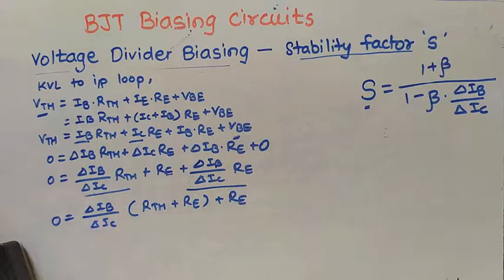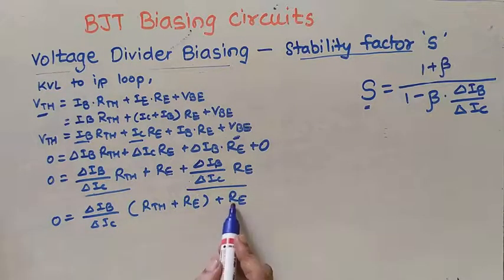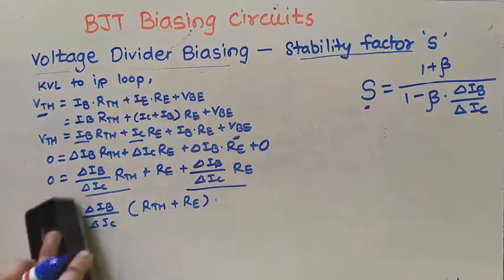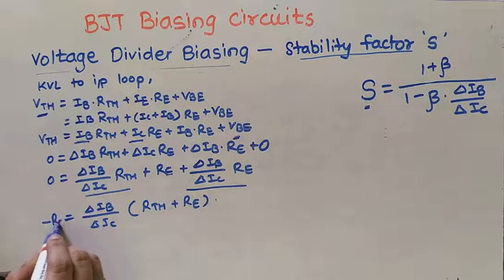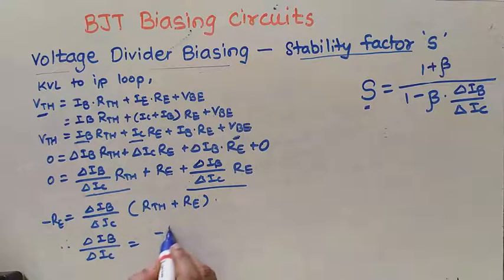Taking this RE to the other side, we have minus RE. Therefore change in IB upon change in IC is equal to minus RE divided by (RTH plus RE).